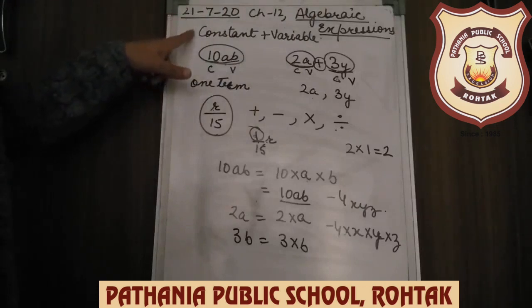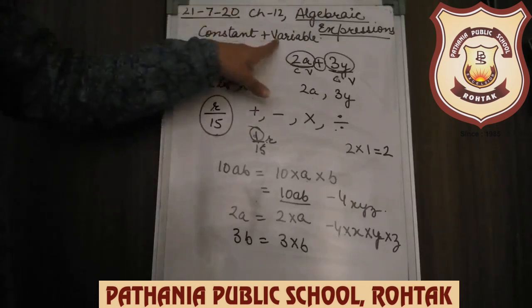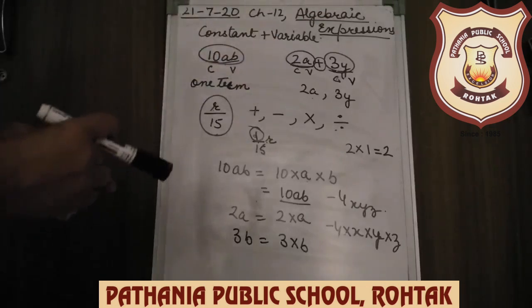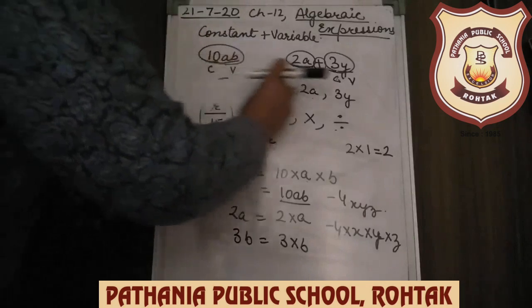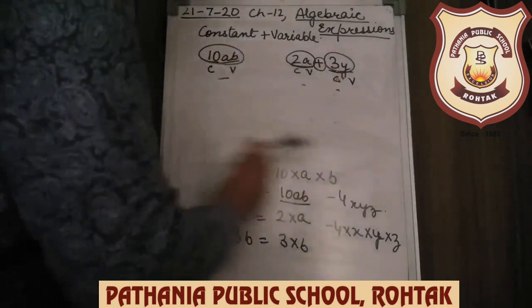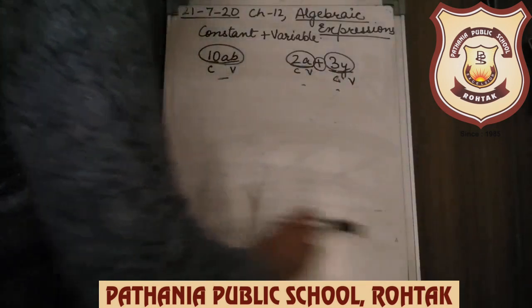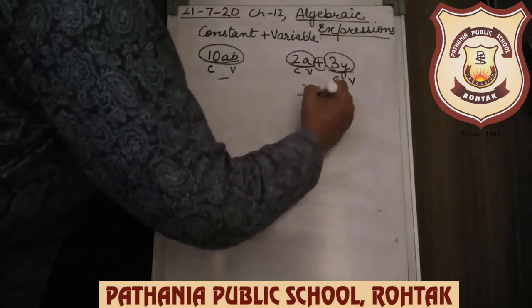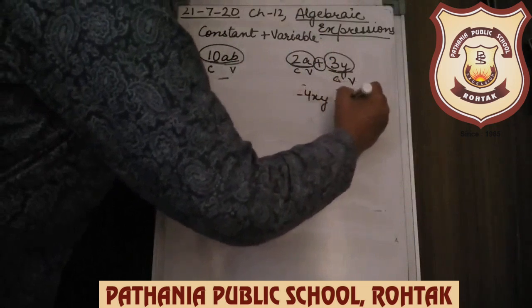You have learned constant, you have learned variable. Now the next thing which is very important in the expression is, here I'll take one more expression. Suppose minus 4xy minus 5ab.